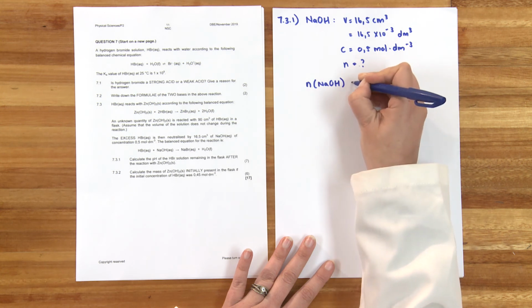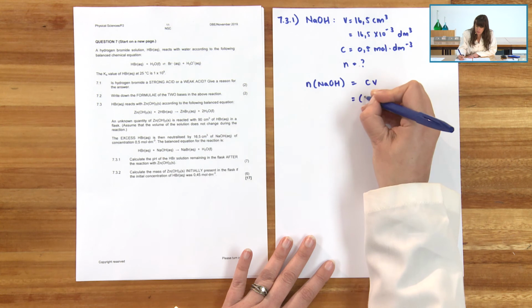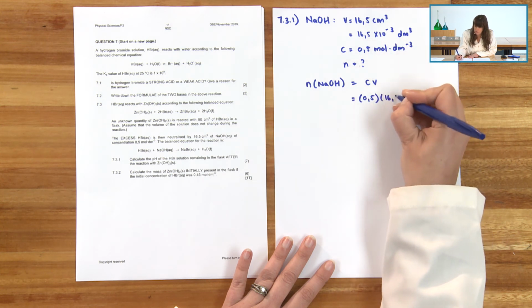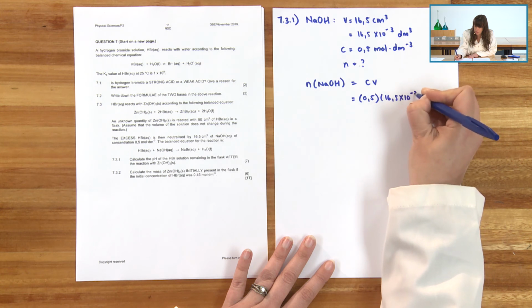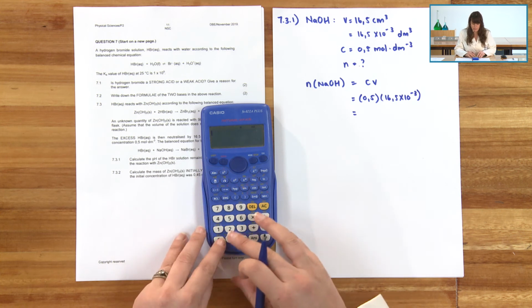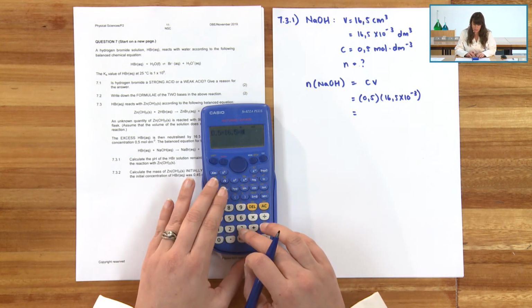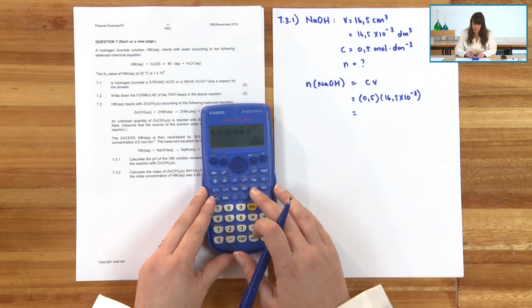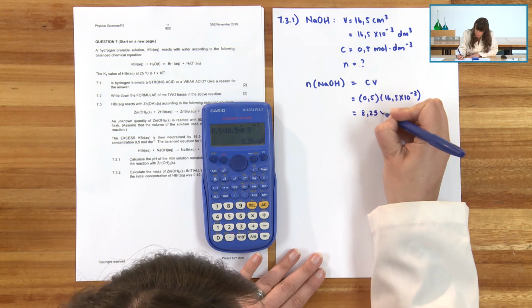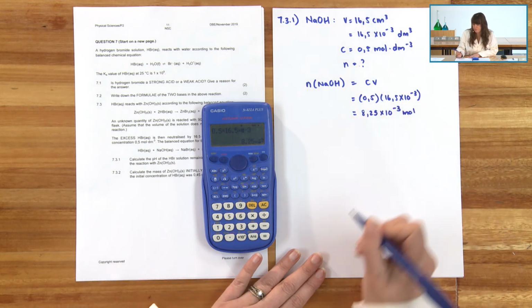We know the number of moles is equal to concentration times volume, and so we substitute in 0,5 times the volume of 16,5 times 10 to the negative 3, and we're going to type that into our calculator. 0,5 times 16,5 times 10 to the negative 3, and so we get 8,25 times 10 to the negative 3 moles.